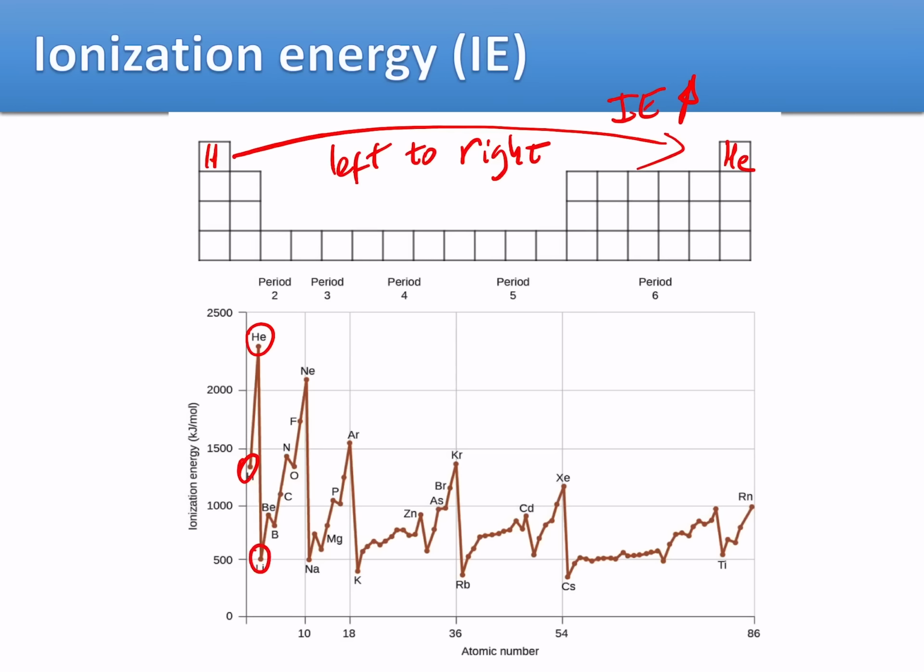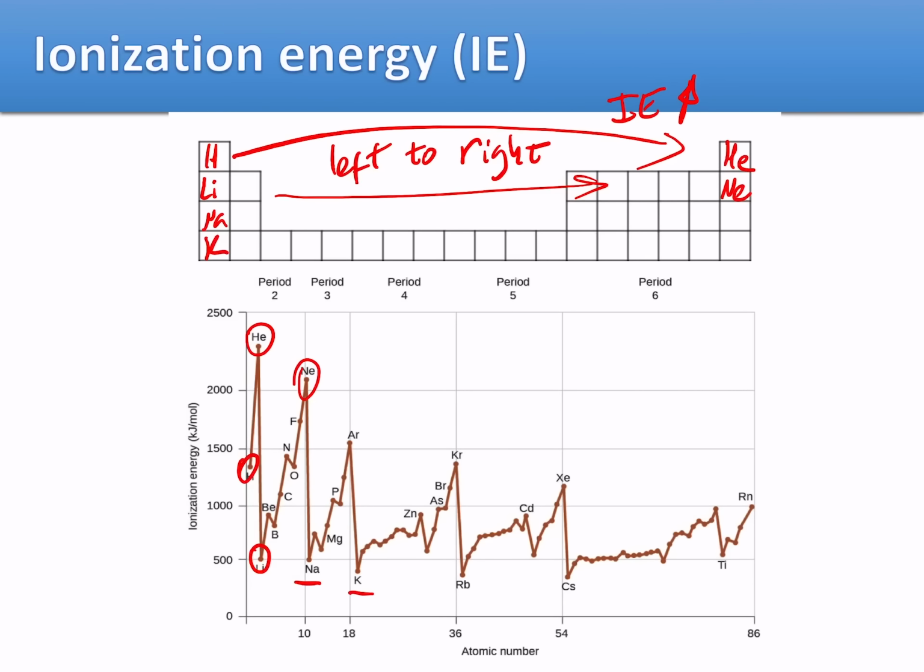Lithium is here, and then you go all the way to neon there. You are moving also left to right, and what you see is that the ionization energy is increasing. Now you look here: hydrogen, lithium down there, then sodium, and potassium.